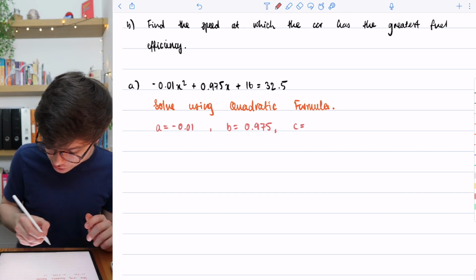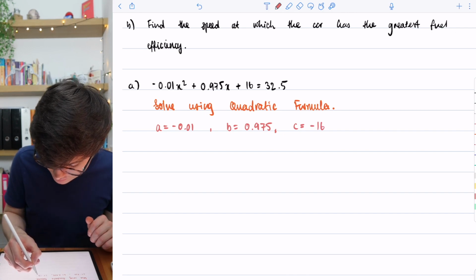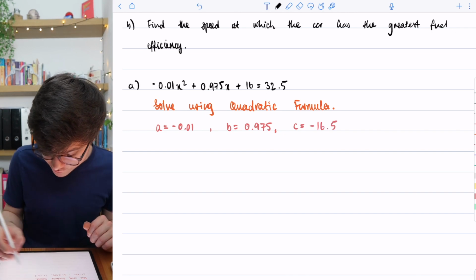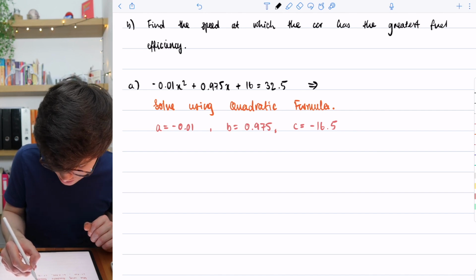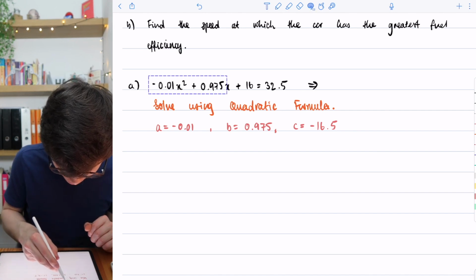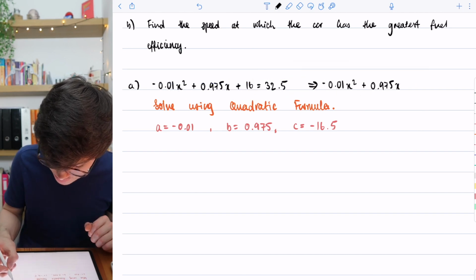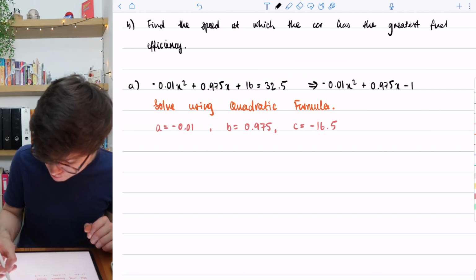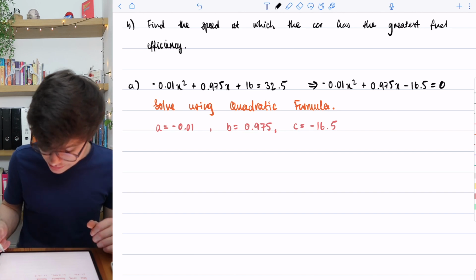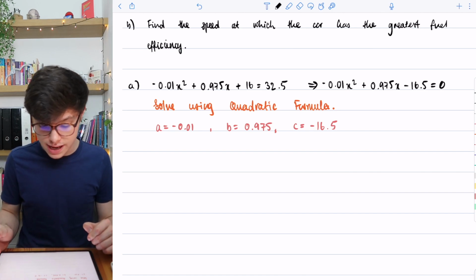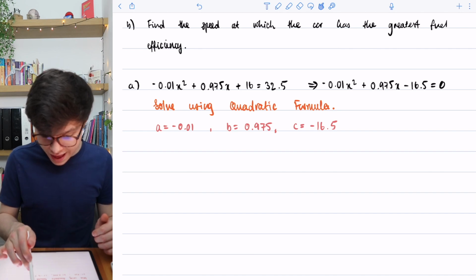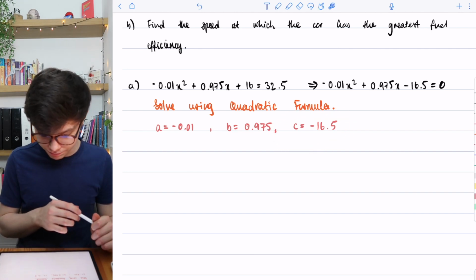So our c value is going to be minus 16.5, because if we minus 32.5 from both sides, we will get that equal to 0. And then that's where that value of c comes from.